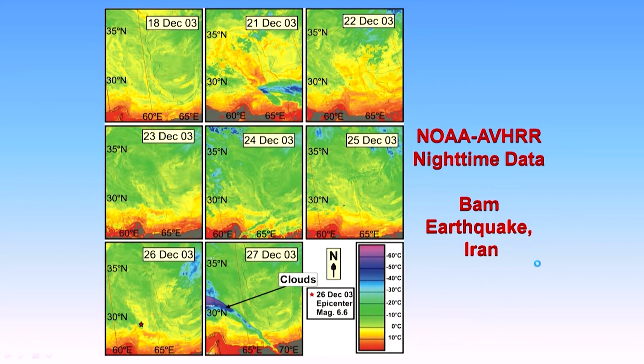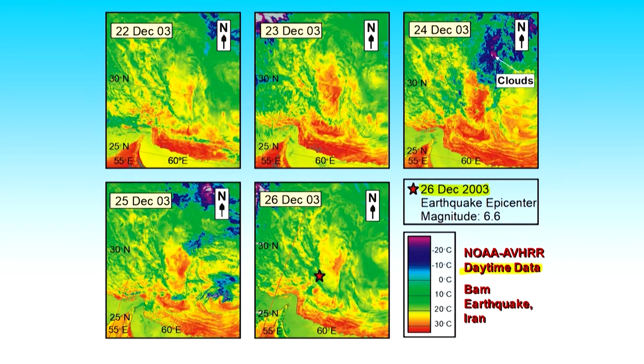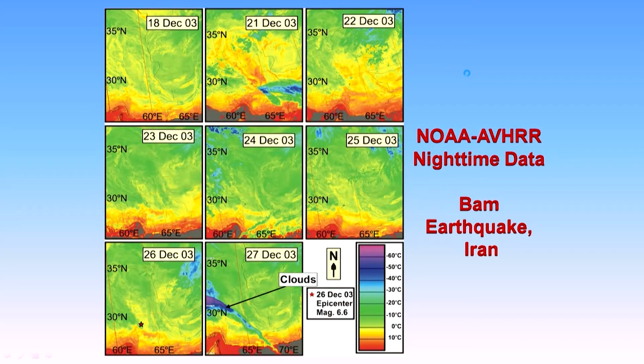What we observed is that on 21st December, roughly 5 days before the earthquake event, we saw an anomaly. The peak we saw in daytime, the anomaly was seen just 2 days before. In night time it was 5 days before.